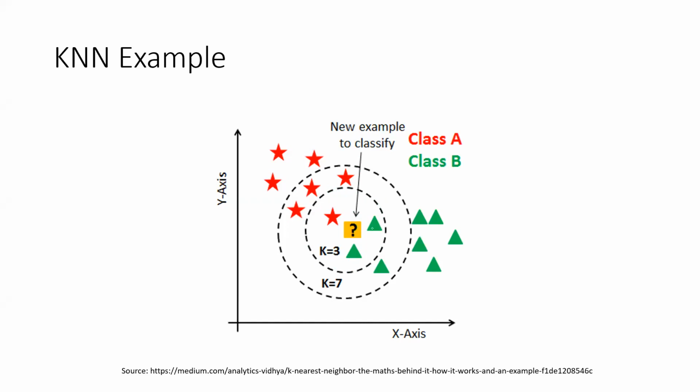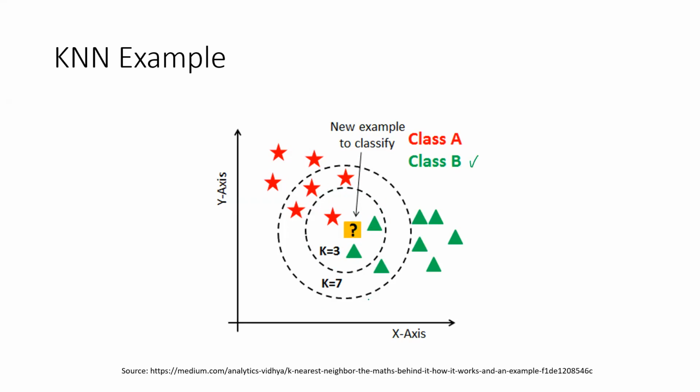If k is 3, most of the data points are from class B, so we take class B as the class for this particular data point.